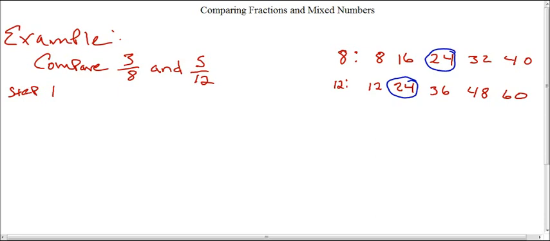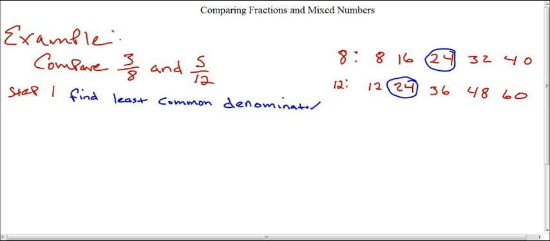So again, step 1, we need to find the least common denominator, and we just did. Okay, so we found our least common denominator, which is 24.